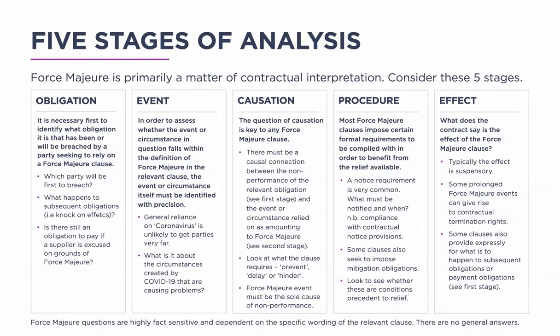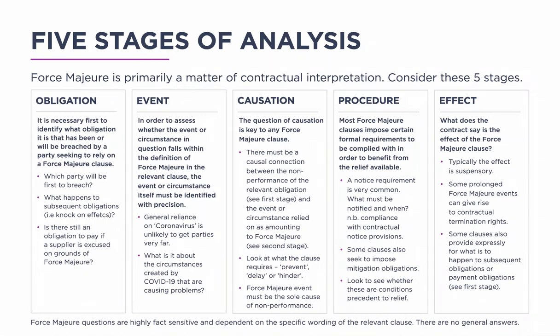Probably the latter. Thirdly, do you need to estimate a duration of interruption? And that's particularly difficult in the current circumstances, given that there is no lockdown exit strategy. And then finally, a timing one. Does the notice need to be served immediately, or as soon as reasonably practicable, or something else?